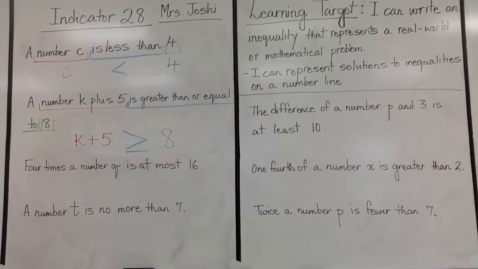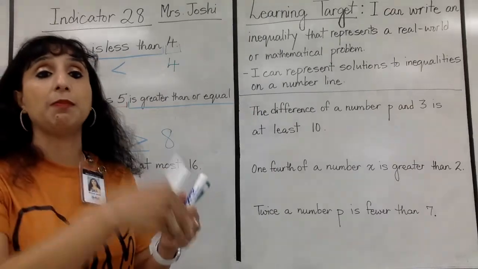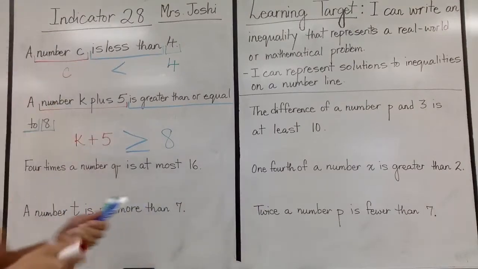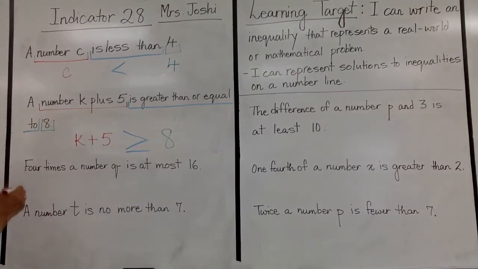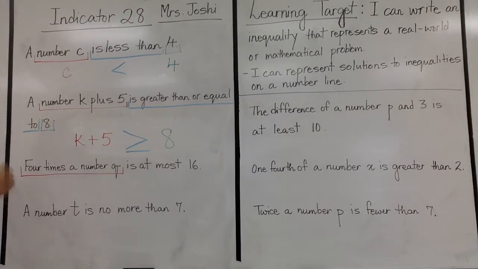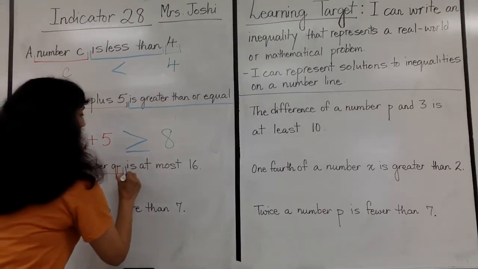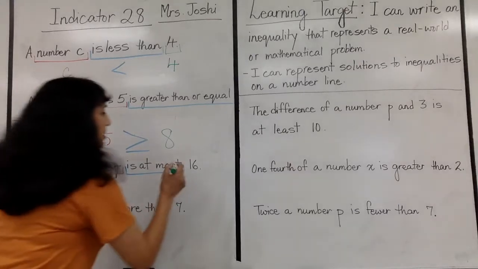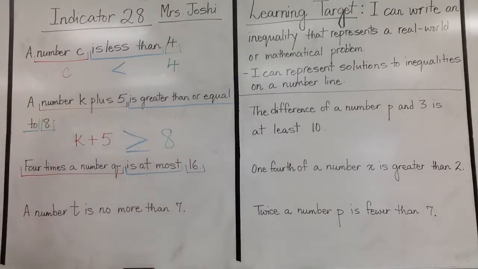Then the next one, 4 times a number Q is at most 16. Remember what I said? At most means the maximum amount is going to be 16, but 16 is included. So 4 times a number Q is at most 16.